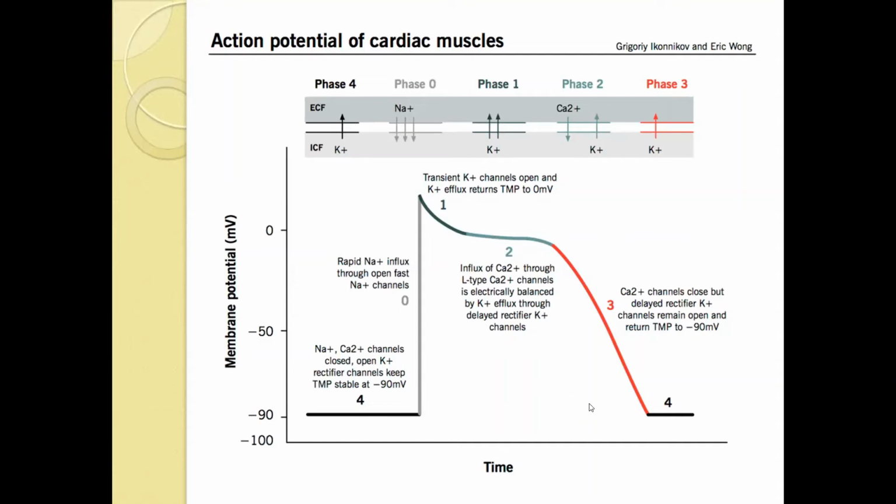So this is the early refractory period. During this period, you have depolarization and repolarization, so this is the absolute refractory period.